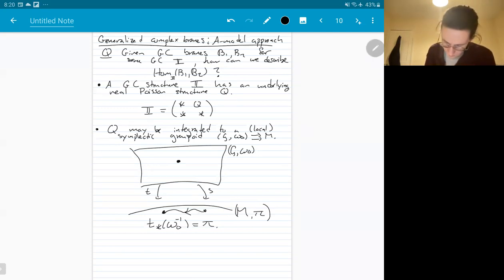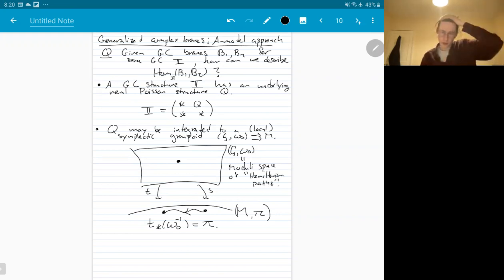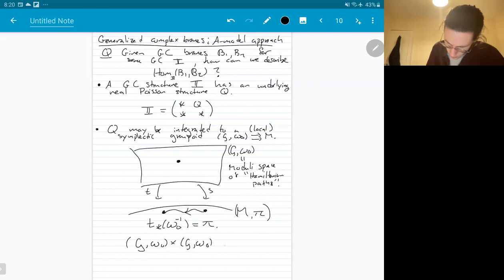So you can think of this as a moduli space of special types of Hamiltonian paths. As a result, you get this space which has a partial multiplication. From the perspective of symplectic geometry, it gives you a Lagrangian relation between G times G and G.